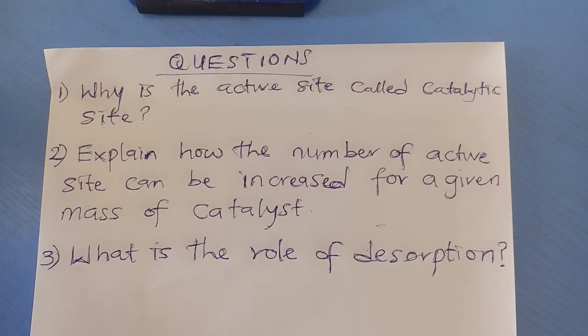When a catalyst is given to you and you want the number of active sites to be increased, then it is linked to the surface area of the catalyst. It means that the surface area of the catalyst has to be increased. If you increase the surface area of the catalyst, the number of active sites of the catalyst will also increase. What do we mean by increasing the surface area of the catalyst?